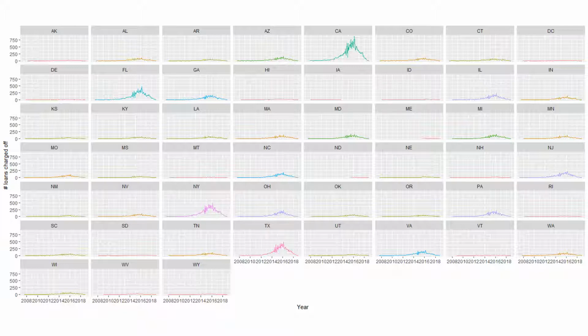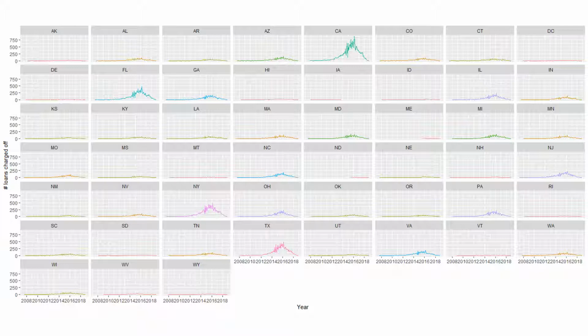So as you can see, states like California, Florida, Texas, and New York, they form their own clusters. And states like Georgia and North Carolina, or maybe Virginia, they form another cluster. Their trends look almost similar, and therefore they form another cluster, and they are represented by the color blue.